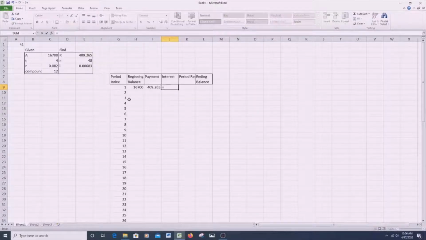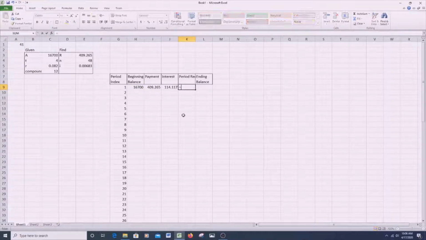We need the interest. As we drag this down in a short while, we're going to want this reference to update. So the interest is the current balance, which is the beginning balance of the period, times the period interest. When we drag this, we want this to update, but we don't want the period interest to update. So we need that one to be frozen with the dollar signs.